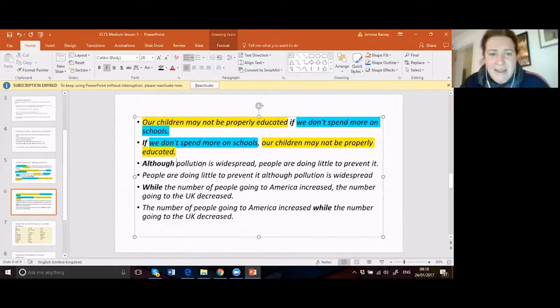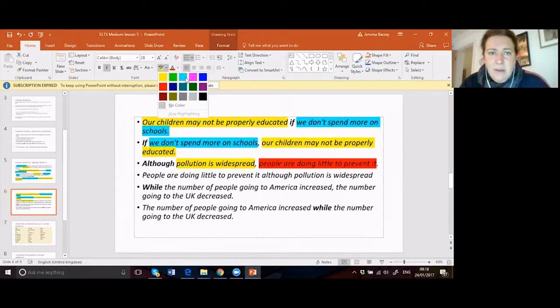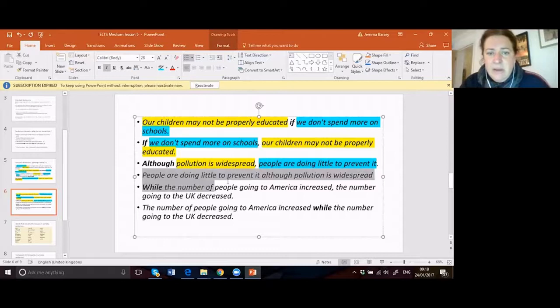Although, pollution is widespread. Okay, and then you can do it again the other way around. Okay, so you're building up much more complex sentences where both pieces of information are needed to understand the sentence.